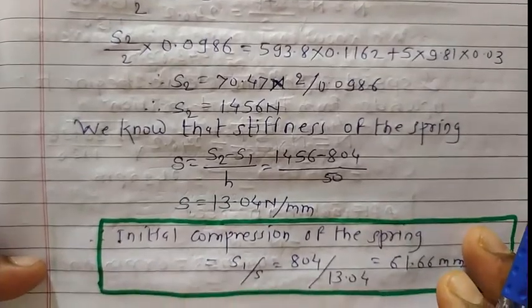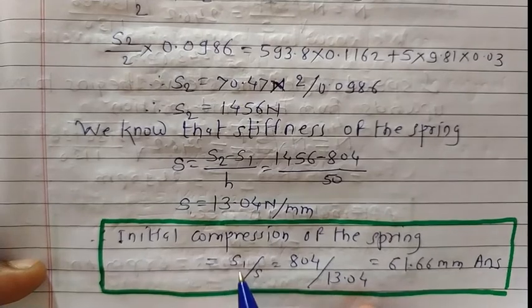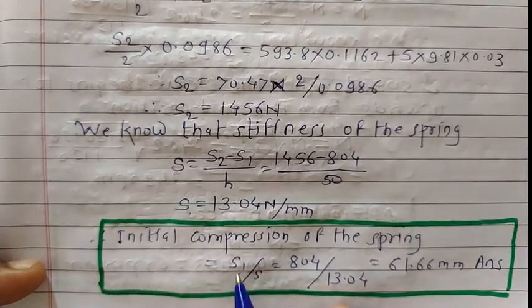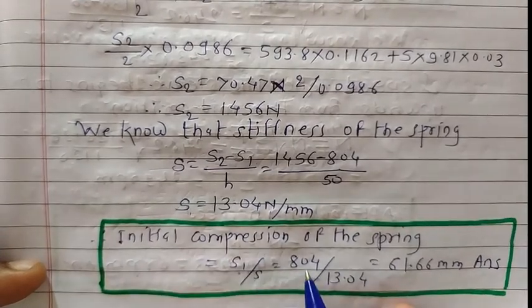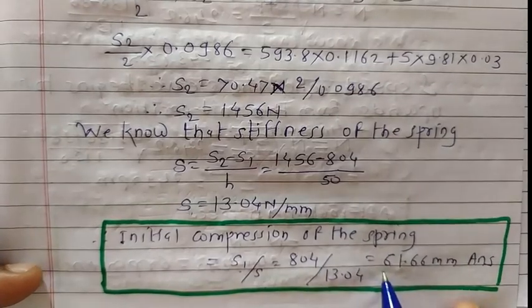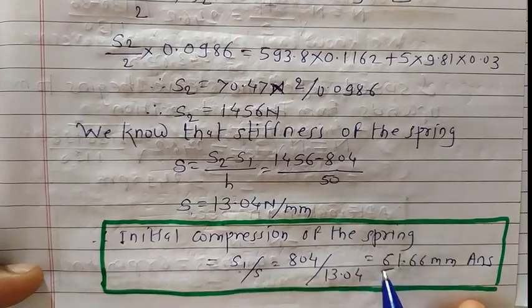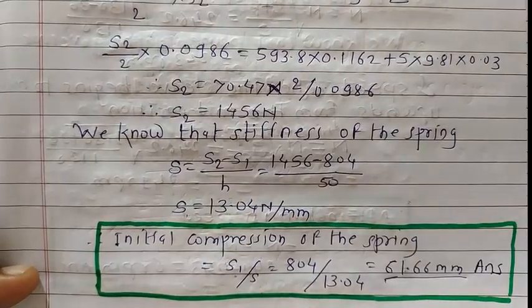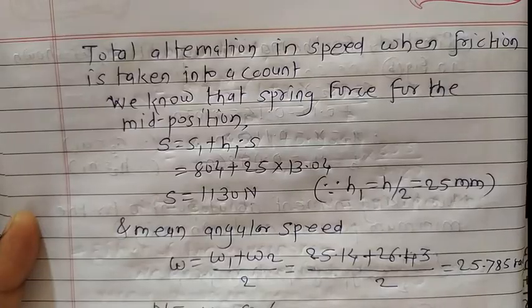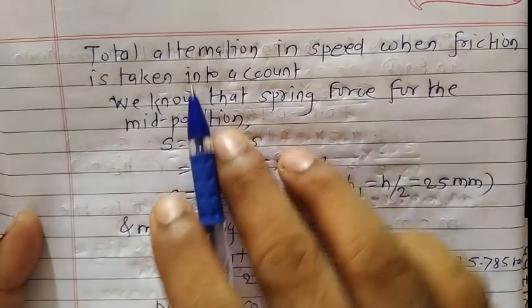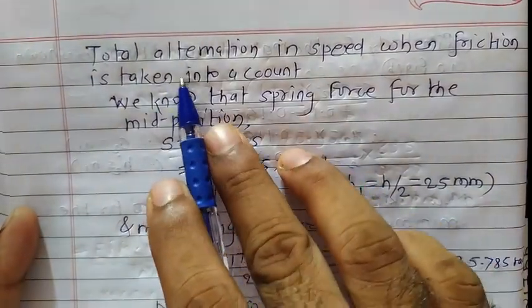The initial compression of the spring is s1 divided by s, so 804 divided by 13.04. We get the initial compression of the spring as 61.66 mm.